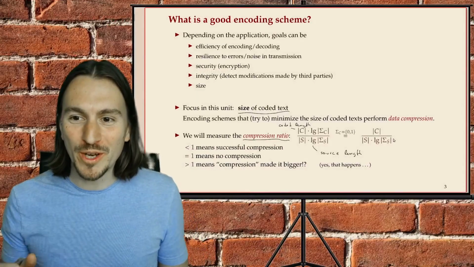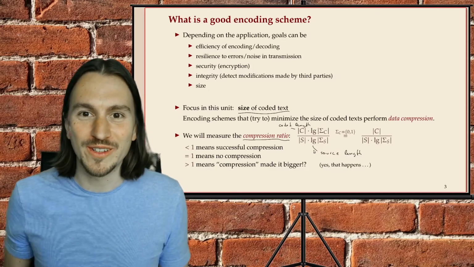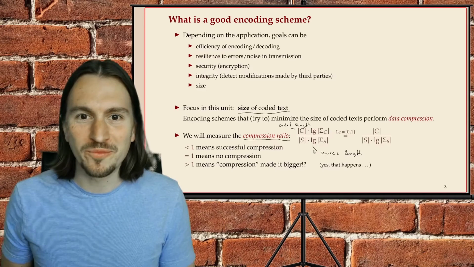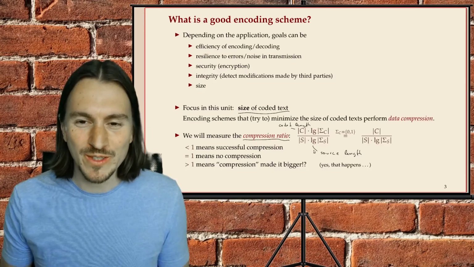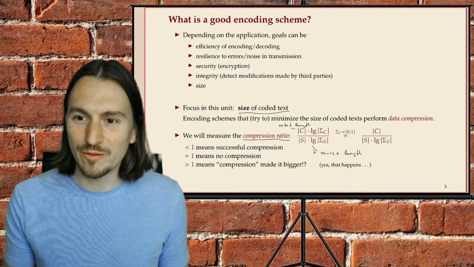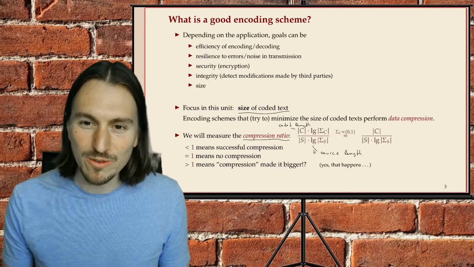You might wonder, why do we have this log of the size of the alphabet factor here? We'll come back to this indeed, but there's a simple argument behind this. Whenever you want to represent something from a set of n different outcomes, you need log n bits to represent that.